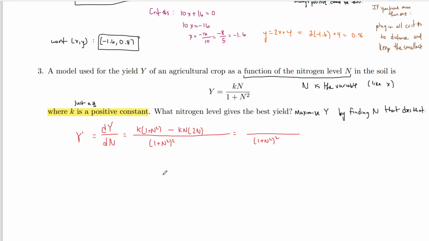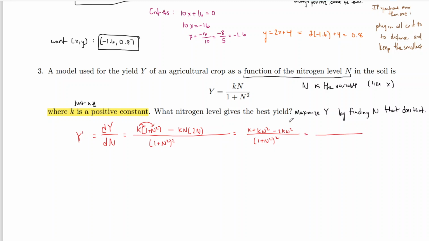simplify this because we know we want to set it equal to 0, but we need to simplify it first. I'm going to go ahead and distribute the k through. You get k times 1 is k plus k times n squared minus, and then we have k times n times 2 times n would be 2k n squared.